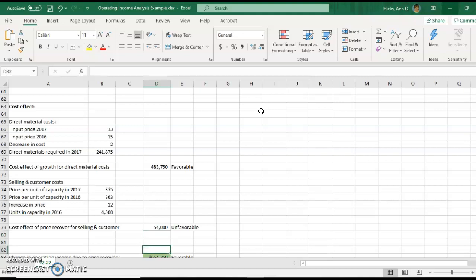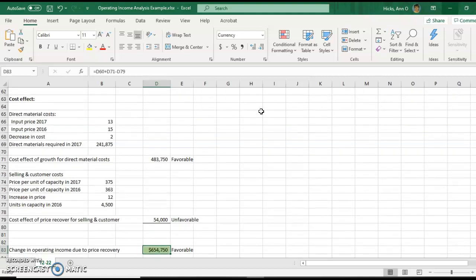So with a favorable effect for direct materials and an unfavorable effect for selling and customers, for administrative costs, our change in operating income due to price recovery was $654,750.